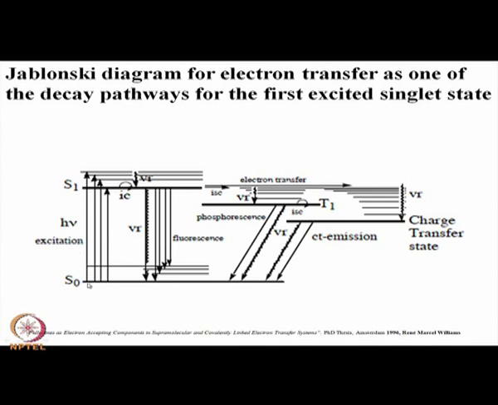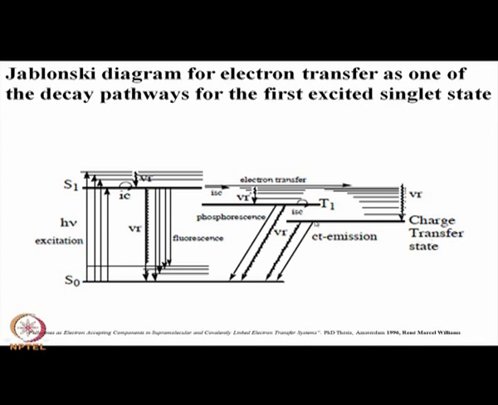Okay. Now, excitation to this higher level, this is your S1, then vibrational relaxation, this is called your IC, and this is fluorescence. Okay. And this is ISC. So, this is electron transfer, and ultimately you will reach this charge transfer state.